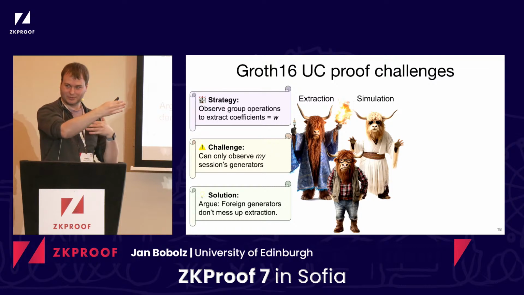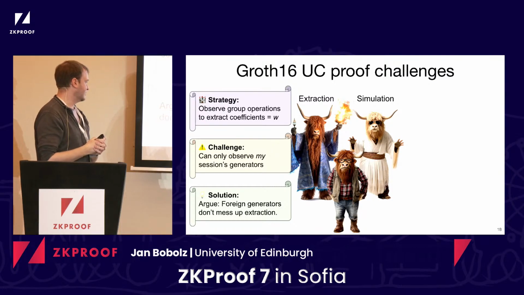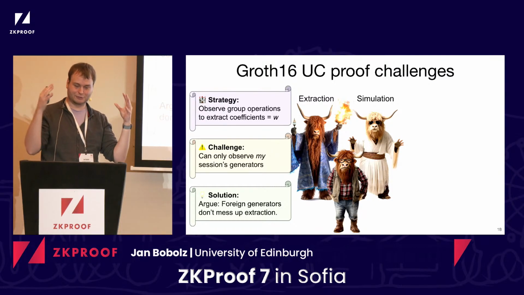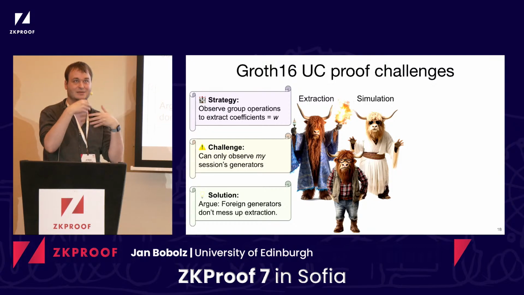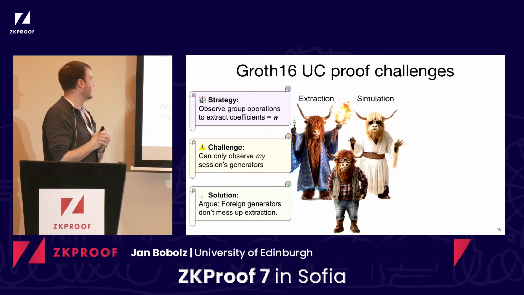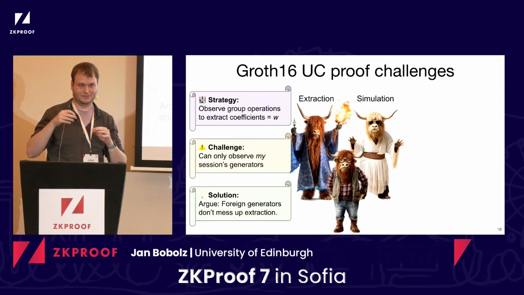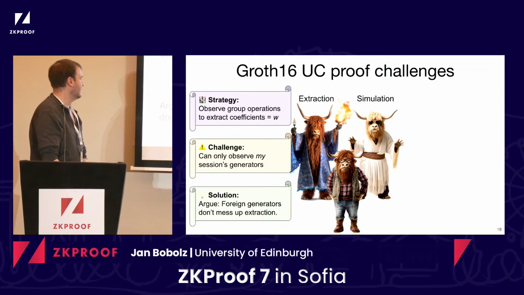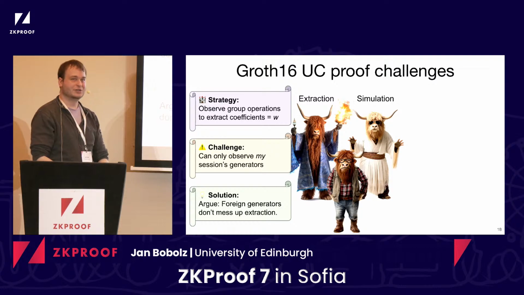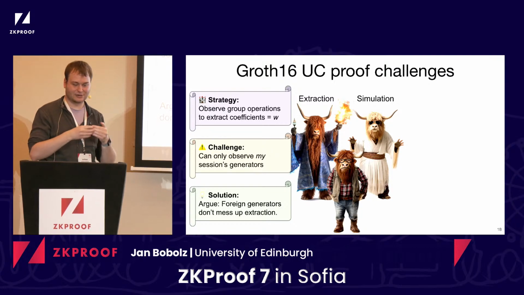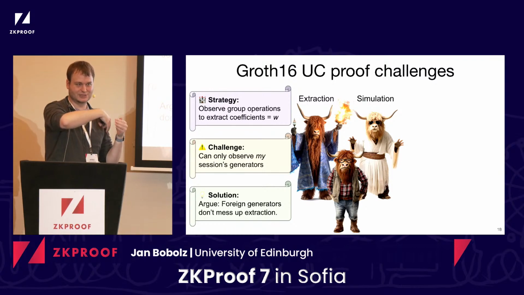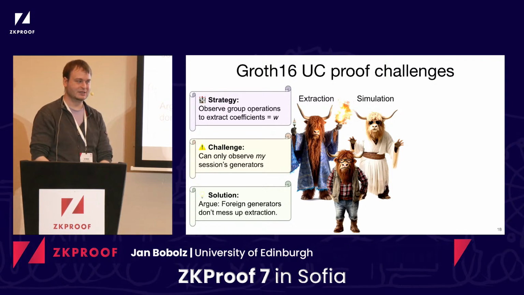So I'm missing some of the picture, but it turns out that even if your Groth16 proof somehow uses foreign generators, or there are some foreign generators in it, that doesn't mess up extraction. So there's a careful argument to be made there. On a more intuitive but wrong level, you could say that Groth16 proofs cannot contain foreign generators because that would just mess up the verification equation, which is, let's say, close to true.